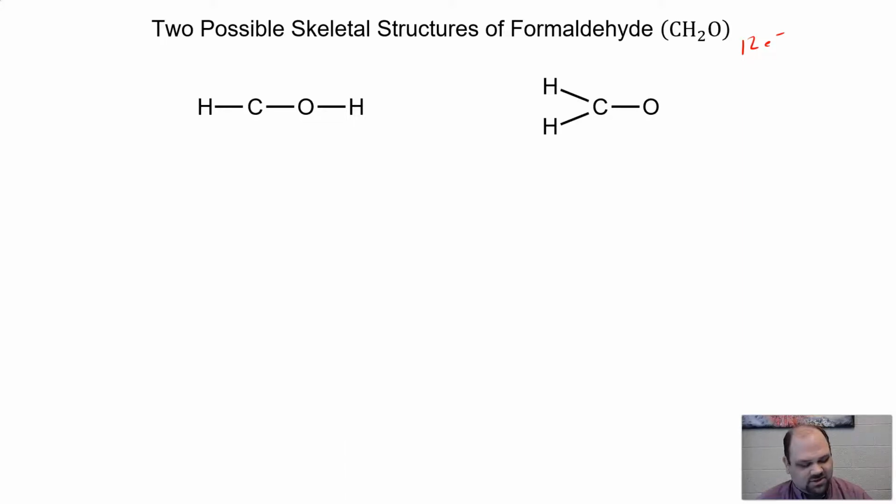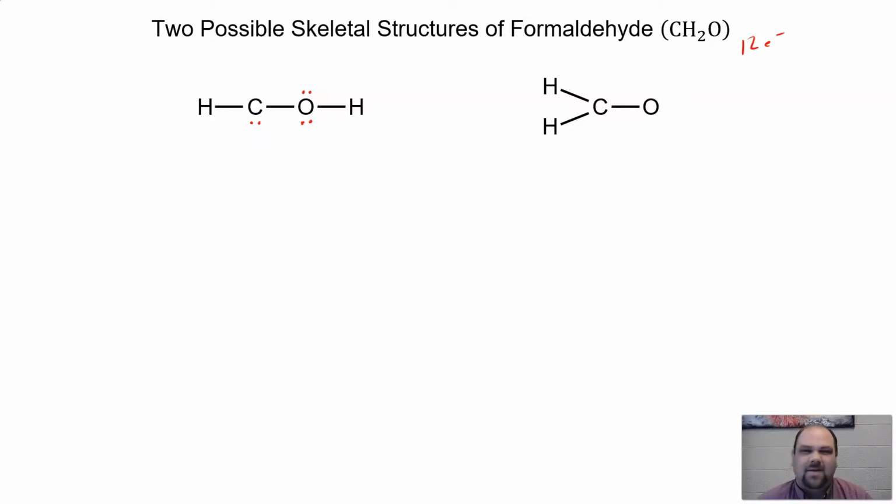In each structure here, we have drawn 6 already. And so we end up with drawing 4 more on the oxygen, and we only have 6 left. We only have 12 total, so we only get to draw 2 on the carbon. Why did I draw on the oxygen first? Oxygen's more electronegative, and so he gets the lone pairs before carbon does.